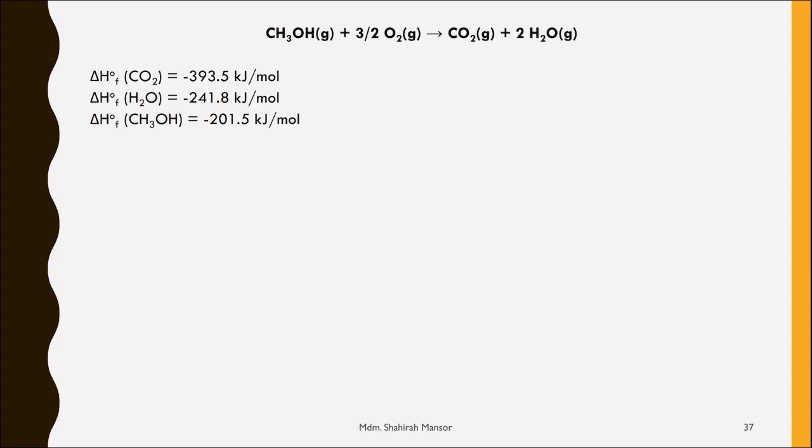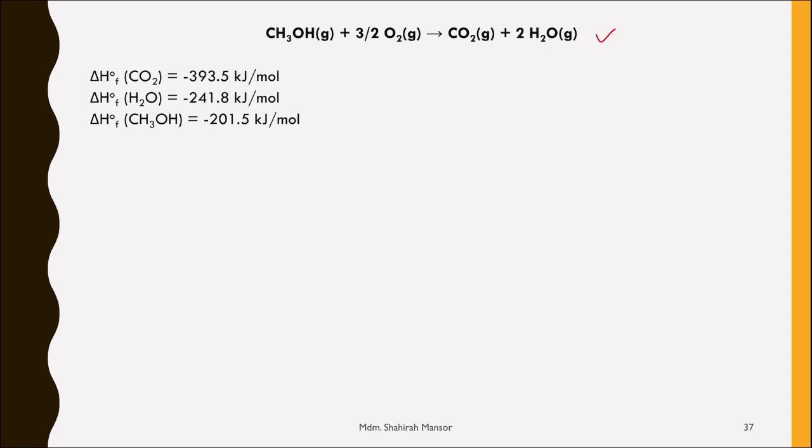So let's work out the calculation. Before you start any calculation, make sure you check the balancing. Take some time to check. Is this equation balanced? The answer is yes.